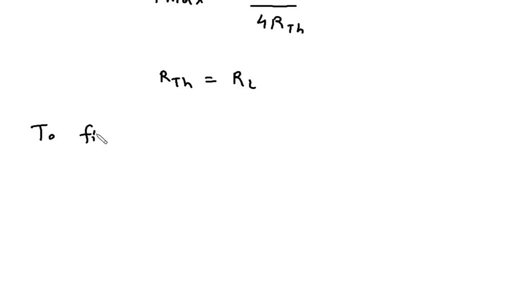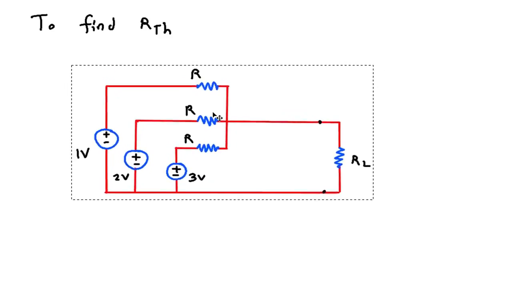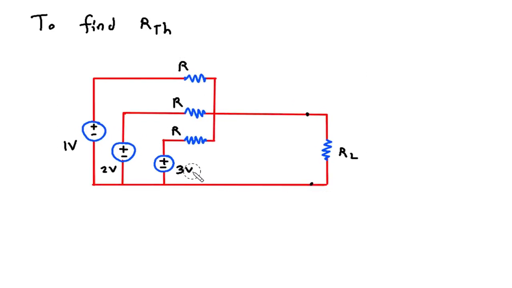To find RTH, we will turn off all the independent sources. Since this is a voltage source, this will be short circuited. This is also a voltage source, this is also a voltage source. So these will be short circuited. And here this will be our RTH. Now this R is in parallel with this and this.